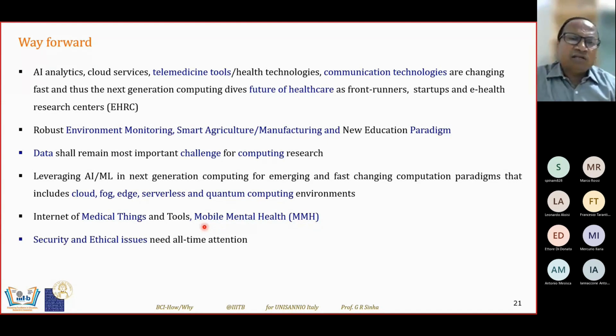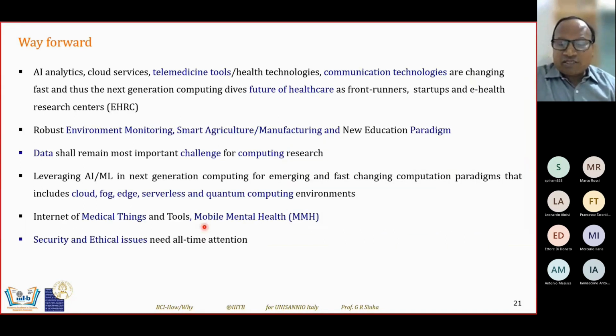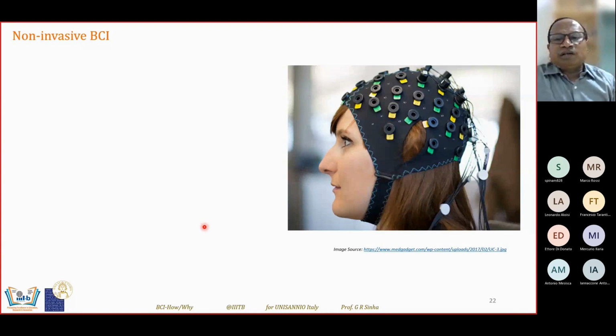These are the issues where a lot of work is going on, and the future work depends on that. After this we will try to understand the different types of BCI. At this stage, if you have any query, you can ask.